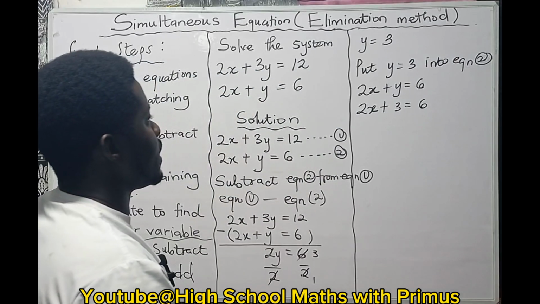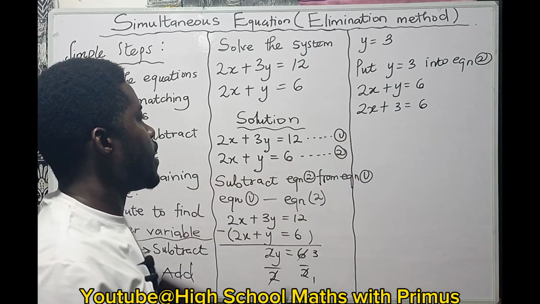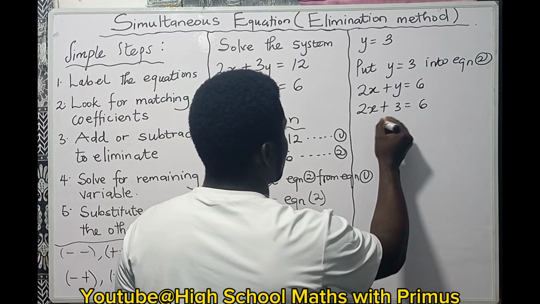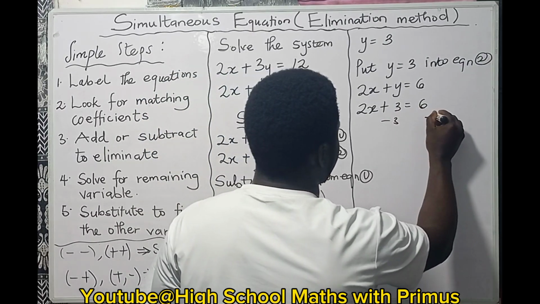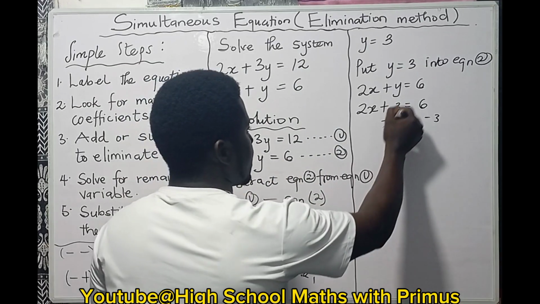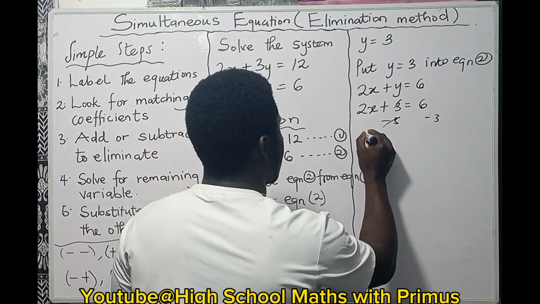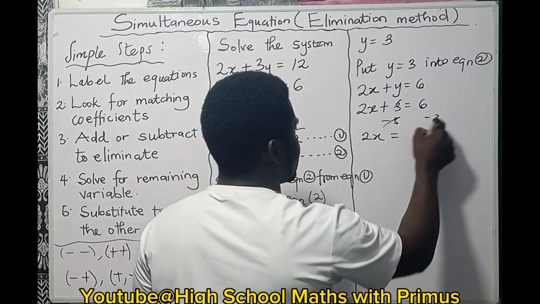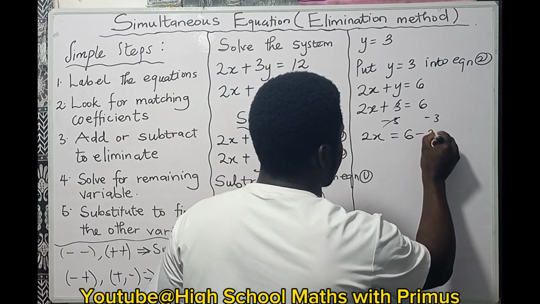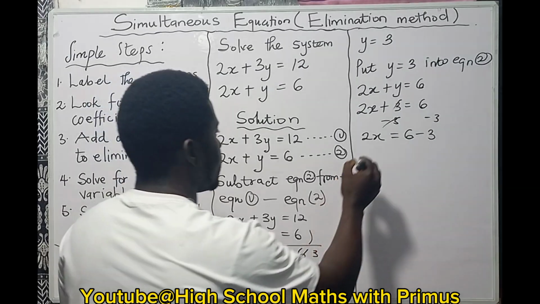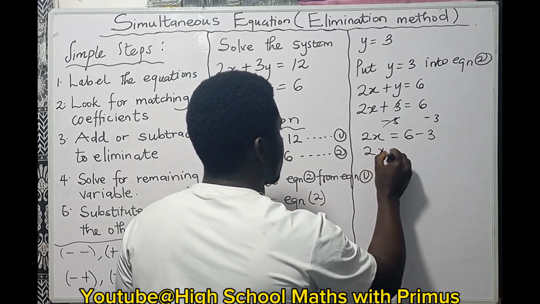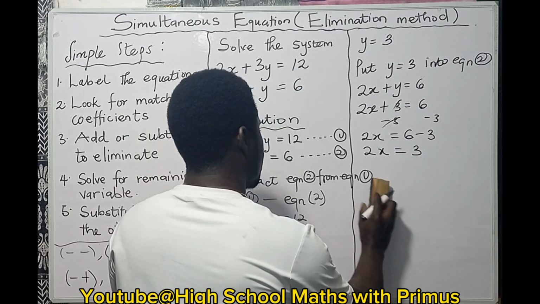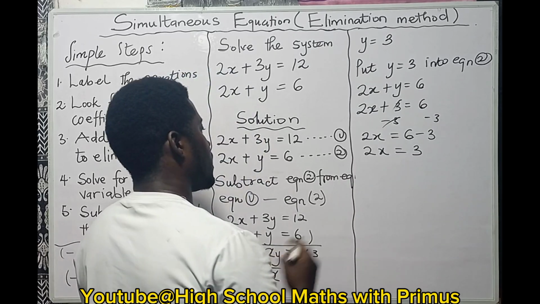Now I collect like terms since I am on my way to find the value of x. We subtract 3 from both sides. So subtracting 3 from here and subtracting 3 from there. This 3 will cancel that 3, and we are now having 2x is equal to 6 minus 3. 6 minus 3 is 3.